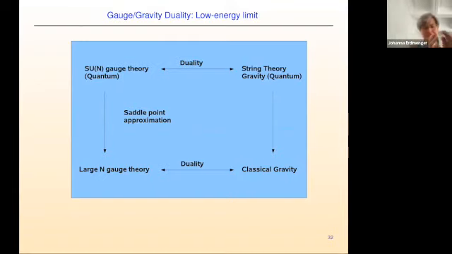But since I took this limit, I cannot resolve the structure of this meson anymore. I cannot look into the meson. I can just calculate its mass as an entity, but I cannot say what physics is happening inside that meson which creates this confinement.